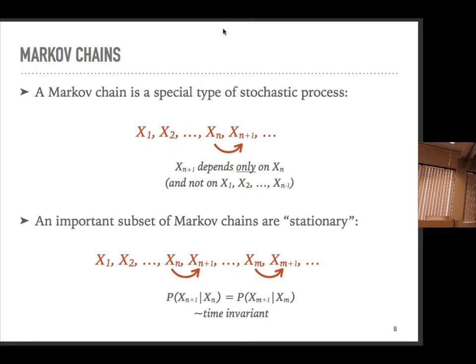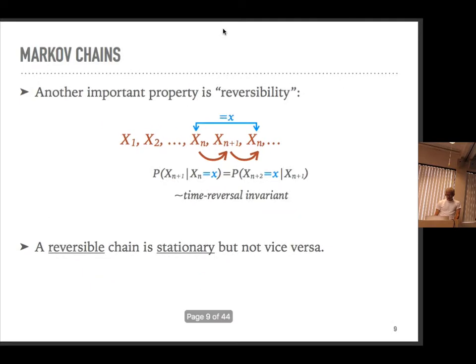This arrow represents a conditional probability. In the general case, it's a different conditional probability each time, depending on n, where you are in the sequence. But a stationary Markov chain is one where it's always the same. So now we've simplified our stochastic process much further.